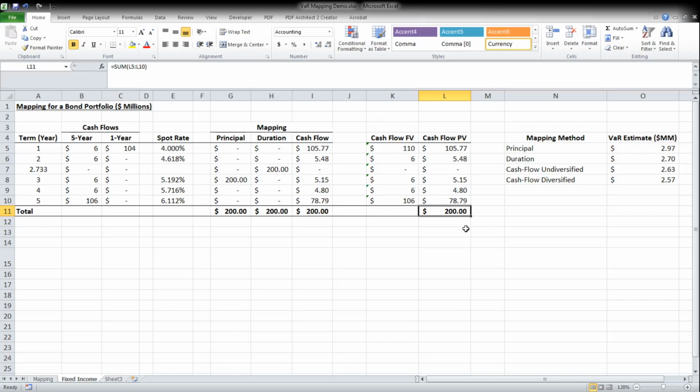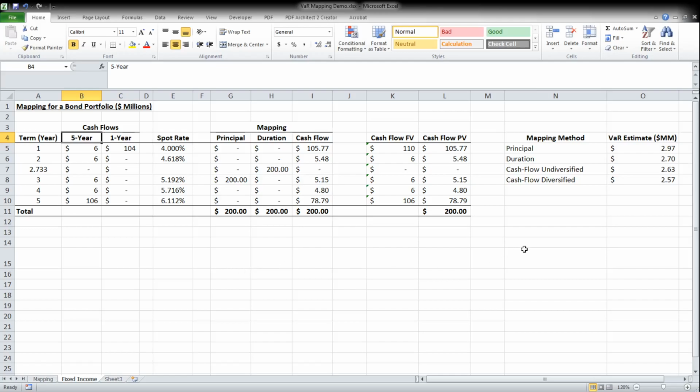So for fixed income, it makes a lot of sense, in particular because you can't just take a bond that's maturing in 5 years and use its historical volatility for the past 2 years to approximate its risk, because bonds, by their sheer nature, change their risk profile every day as they age. The 5 year bond today has a very different risk profile than that same bond will have 4 years from now. 4 years from now, it will become a 1 year bond, and it will have much smaller risk.